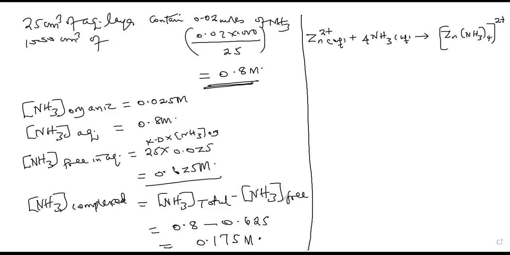It means that 4 moles of ammonia complex with 1 mole of zinc ion. So if 4 moles can complex with 1 mole of zinc ion, what about 0.175 moles?